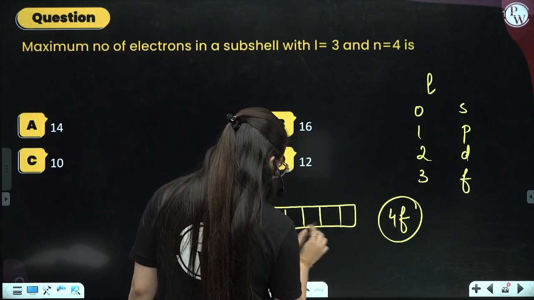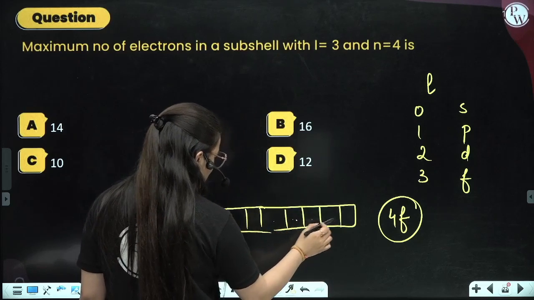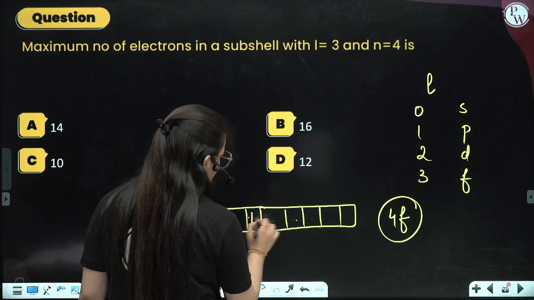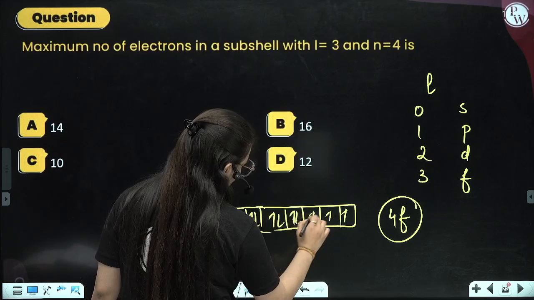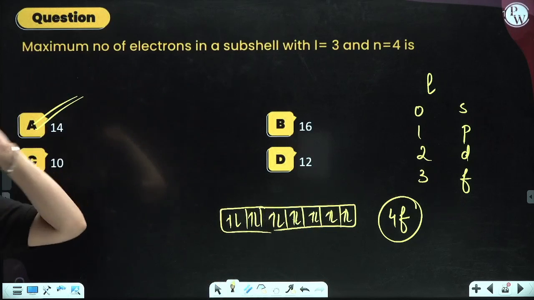In F we know there are 7 orbitals: 1, 2, 3, 4, 5, 6 and 7. How many electrons can be filled? If in 1 orbital only 2 electrons can be filled, then in 7 how many electrons can be filled? 14. So option number A is correct. Now you can compare with the previous question.